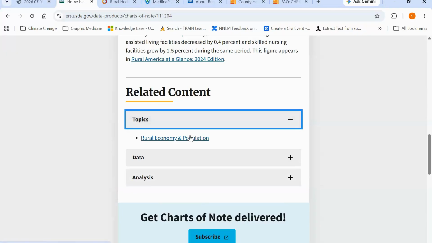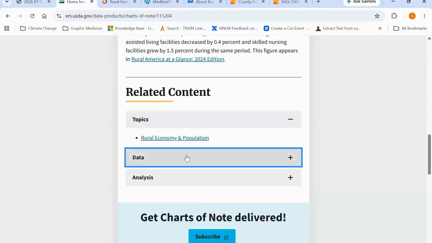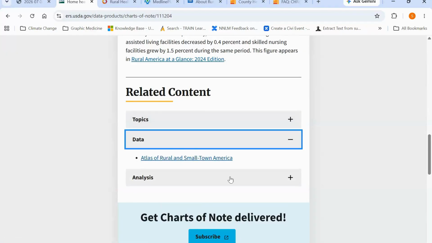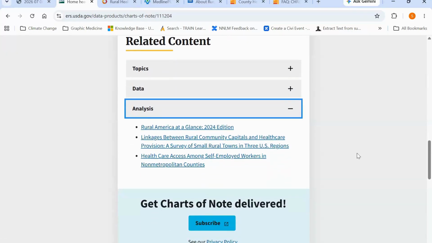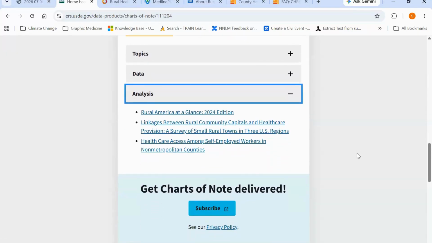And so it is filed under rural economy and population. So that link would take us back to those charts that we were looking at. It also gives you the data source that they were pulling from, and then the analysis. So if you want more information about this, these are the reports that would give you more of that.